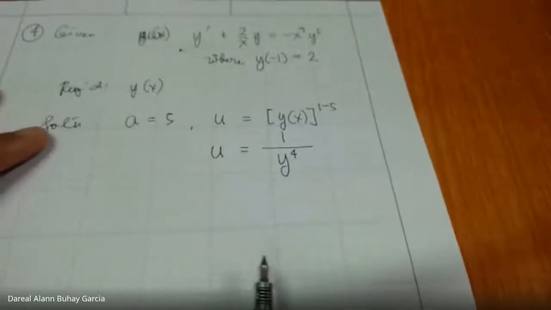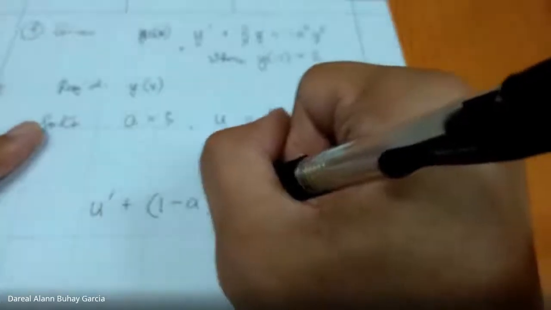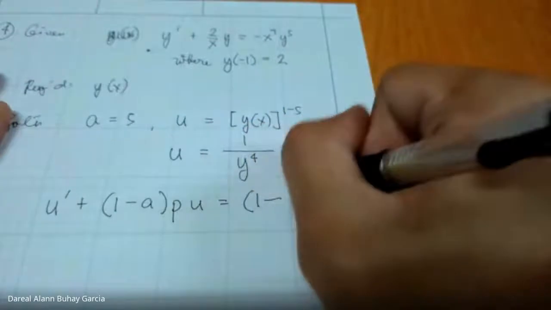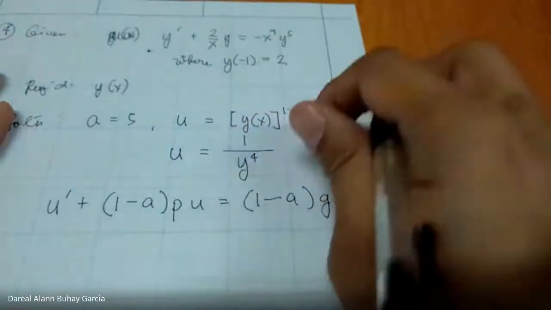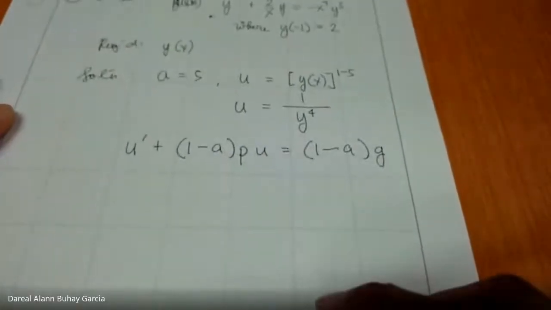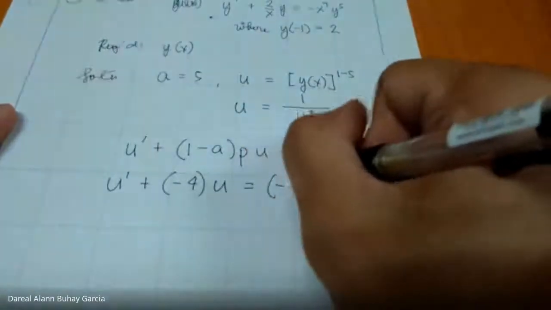Okay. So just use the formula. u prime plus 1 minus a times p times u is equal to 1 minus a times g. So u prime plus, a is 5, so negative 4, times p times u is equal to negative 4 times g.